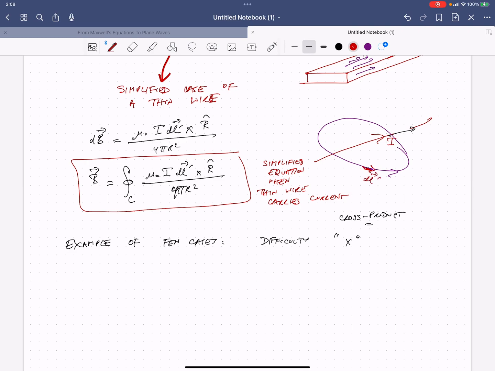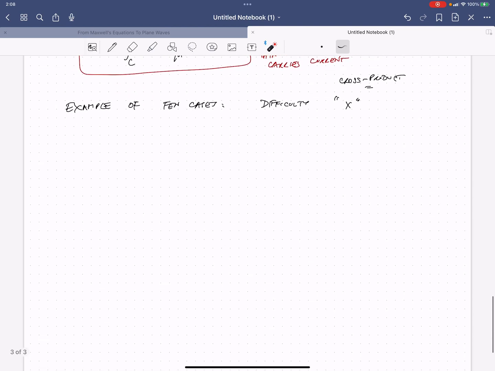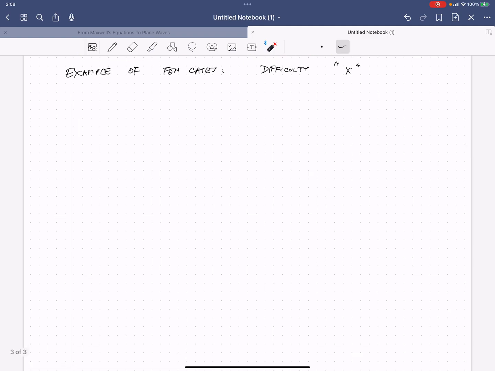This cross product puts the magnetic field in a direction perpendicular to both the current and this dl. So let's take a look at that. I think it's better if you just look at it in an example.